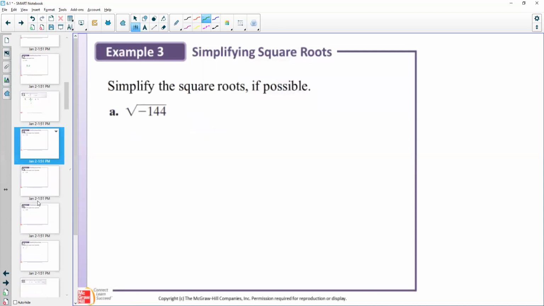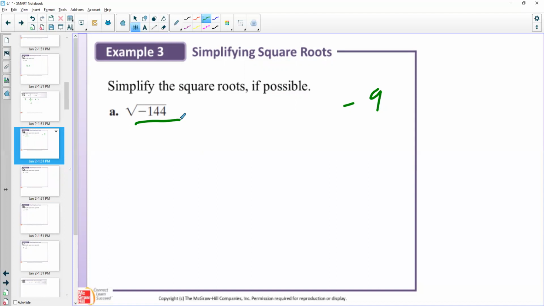All right, simplify the square roots if possible. Here's the thing, just like we were talking a bit ago with -9, we don't have a number that's squared to get to a -9, just like I don't have a number that's squared to get me to -144. So the answer to this is that there is an answer, actually. I can take the square root of a -144.